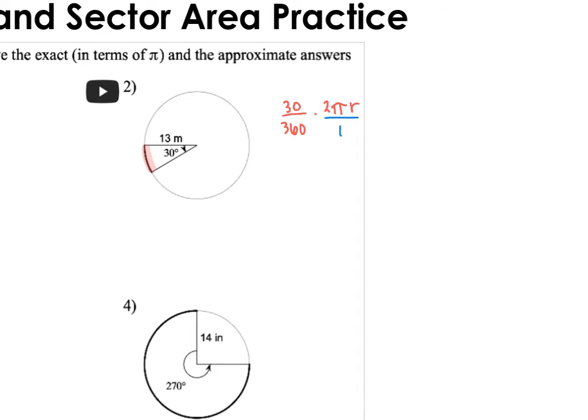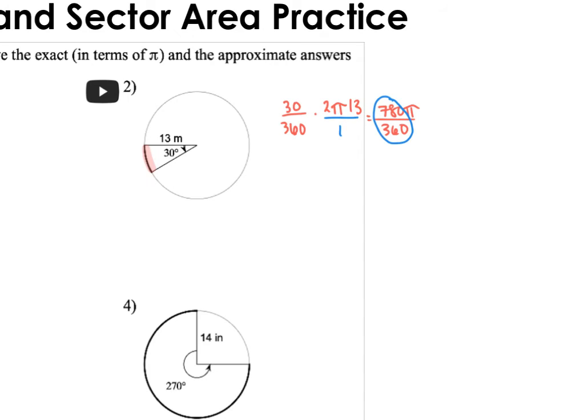So to get my exact answer in terms of pi, we're just going to multiply the numbers across. So 30 times 2, not r, our radius in this case is 13. So 30 times 2 times 13 is 780. So 780 pi over 360. And then we're going to divide here.